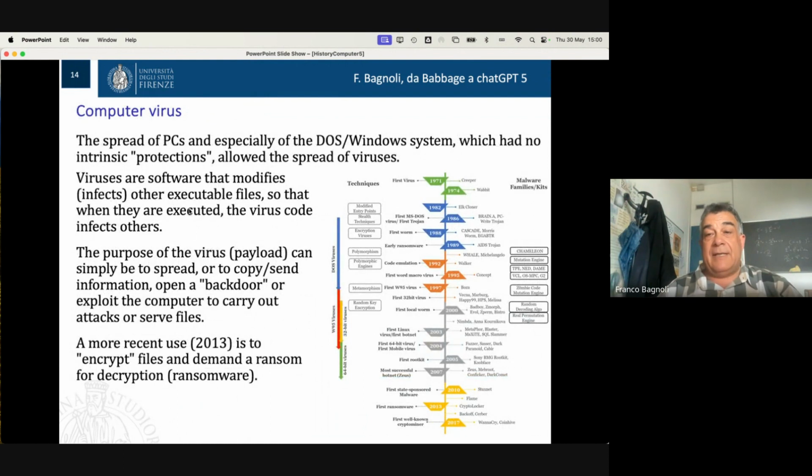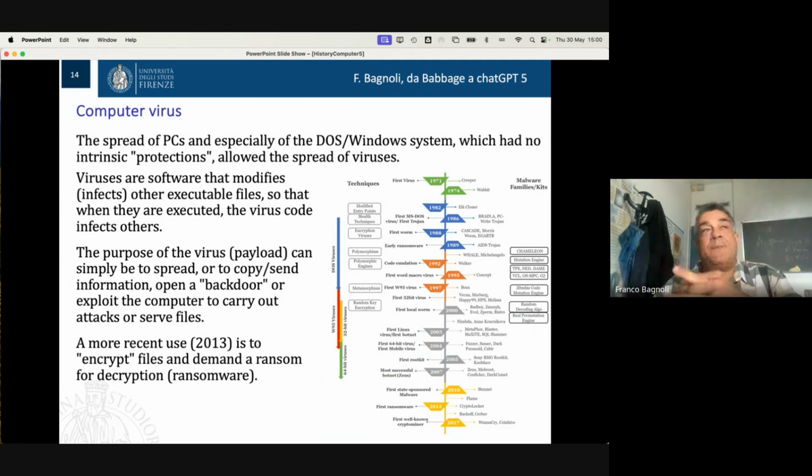And so the diffusion of PCs with this very low-level operating system, because essentially the problem was that the DOS and Windows operating systems did not have the protection levels of standard systems, say DEC VAX, PDP, or a Unix system.